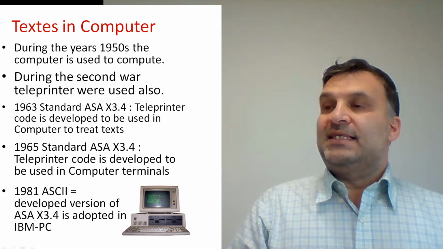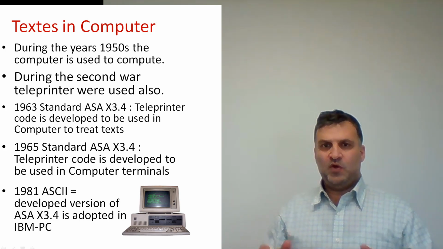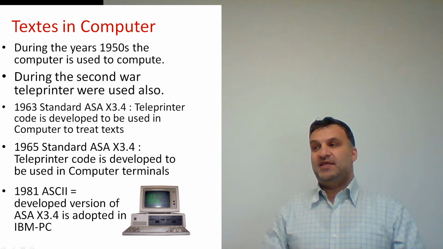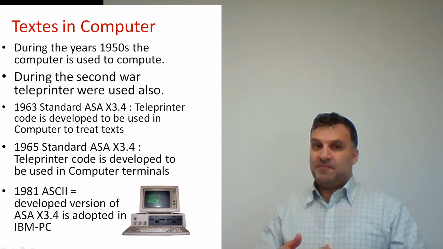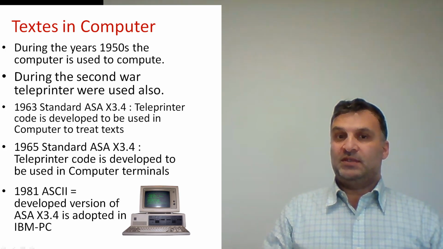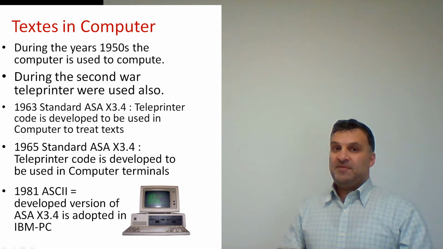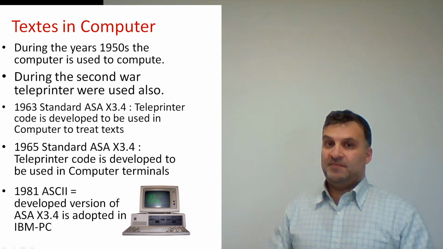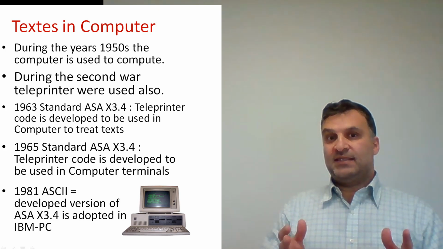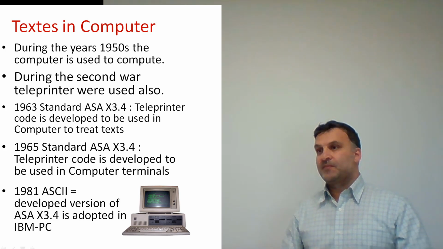In 1965, this code was used by the huge company, the most important company during this period, and perhaps still today one of the most important references in computing. It is IBM, International Business Machines. It is the enterprise that invented the PC, the personal computer, in 1981.